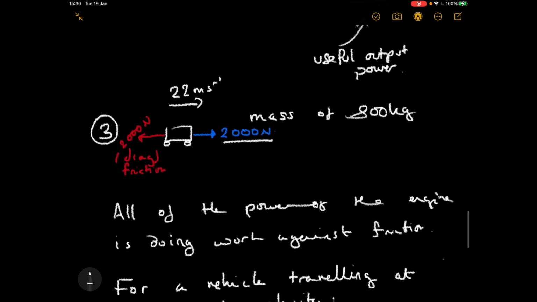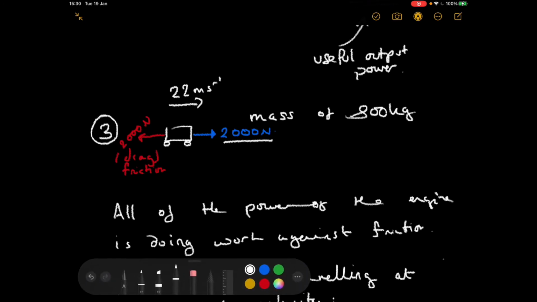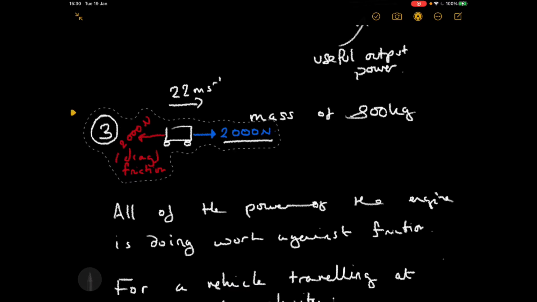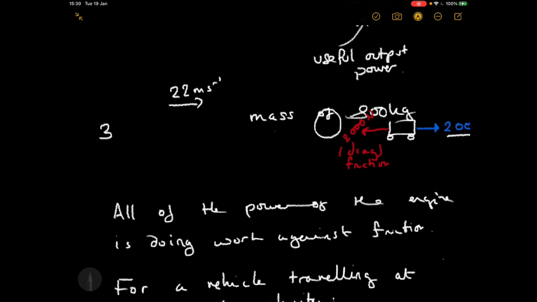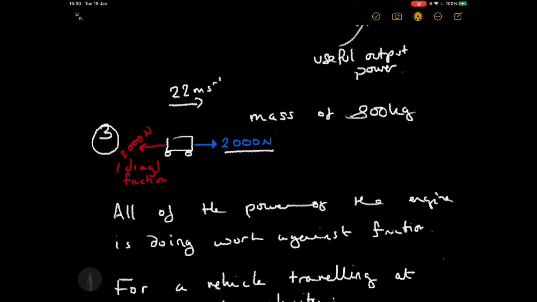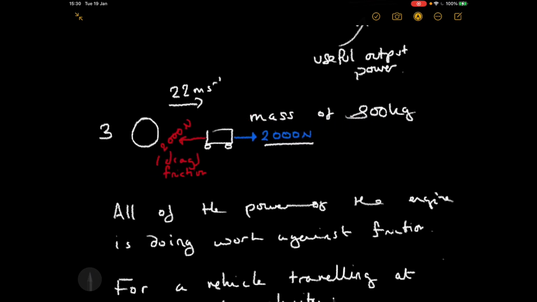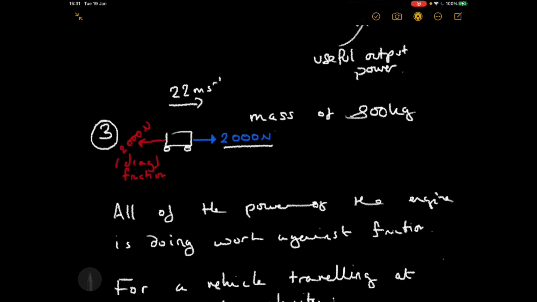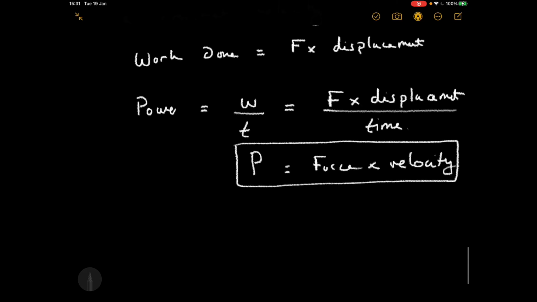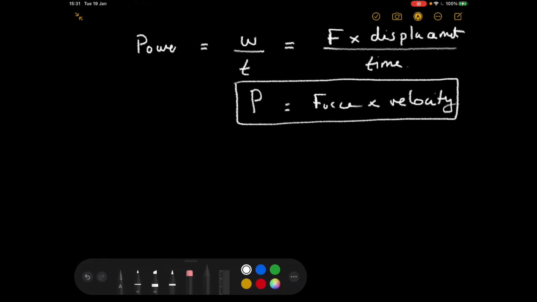So in this example, this velocity is 22 meters per second. So that means that this car is going to move 22 meters 1 second later, applying through that a constant force of 2,000 newtons. So that gives us our result.